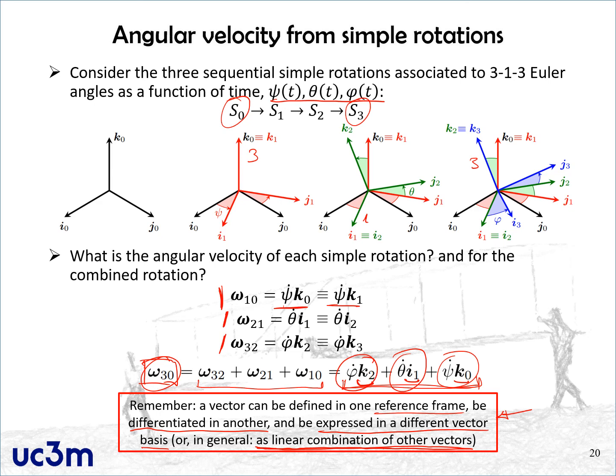This result is correct. Another question is if this result is practical. Well, it is to some extent, but usually we want to work with vectors expressed in a single vector basis because that is more convenient when we want to take cross products and operate with the vectors. It is more convenient if we have already expressed them in a single vector basis to be able to operate.